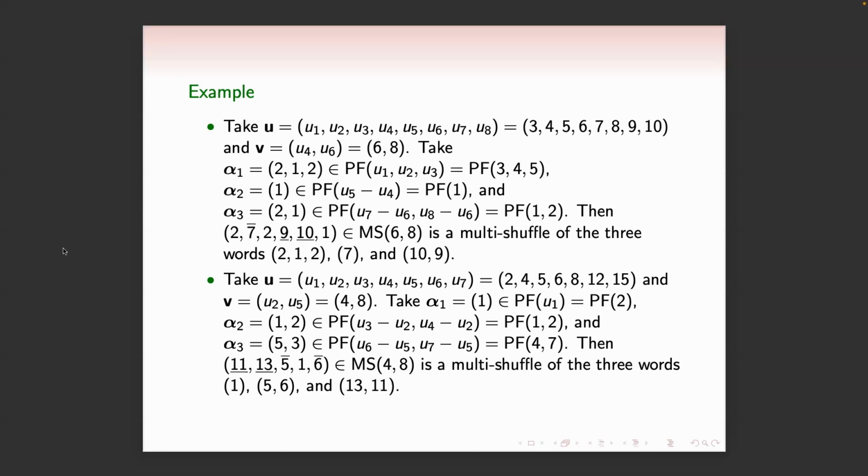And then here, AofA1, AofA2, and AofA3 are just random normal types from this new partial function. And then a multi-shuffle means that I can commute all these numbers in any way I like.